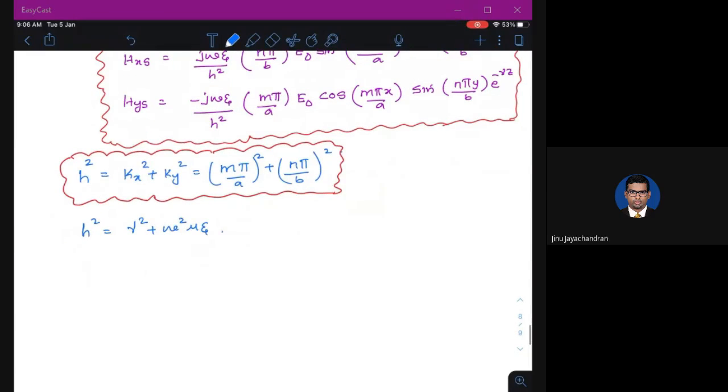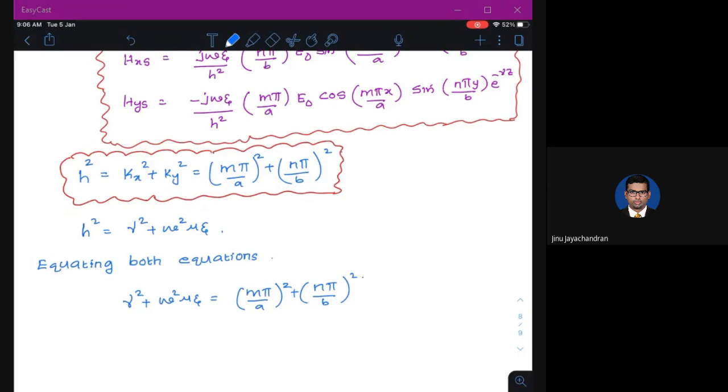Okay, so let us just equate both equations, because both are h square. You have gamma square plus omega square mu epsilon is equal to m pi by a whole square plus n pi by b whole square.